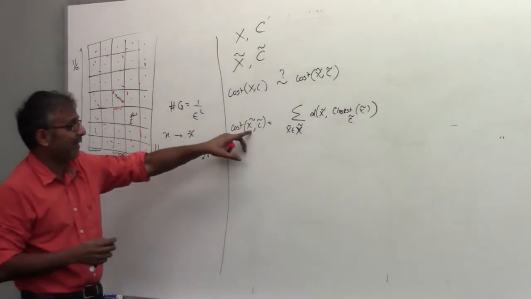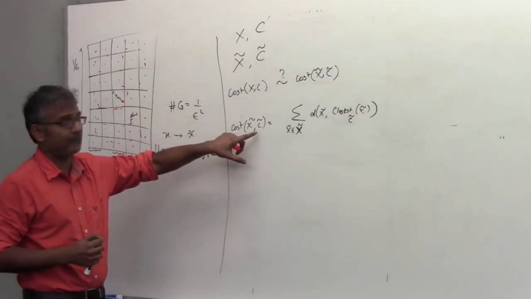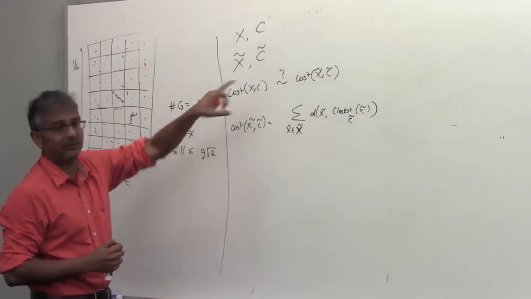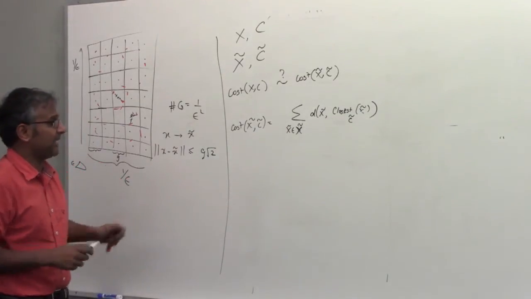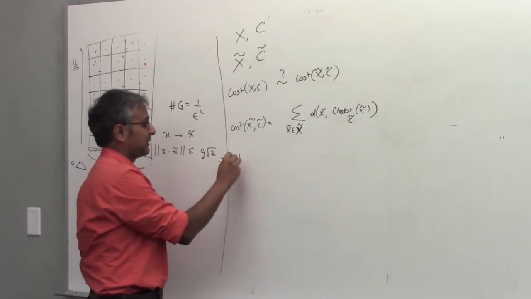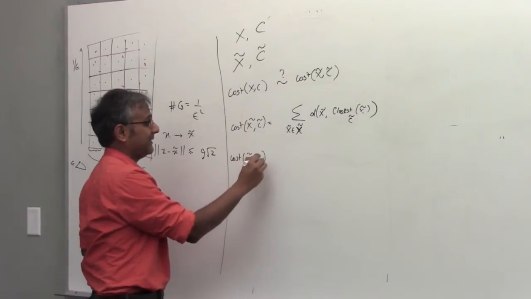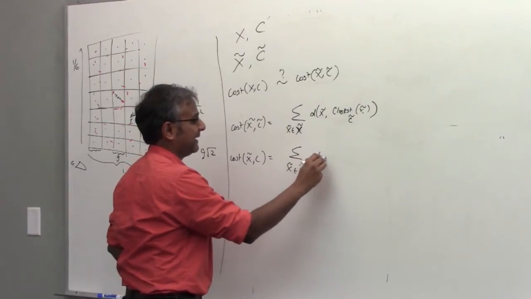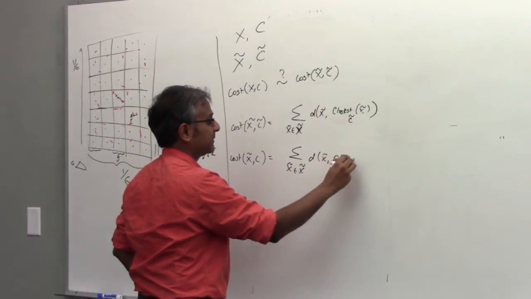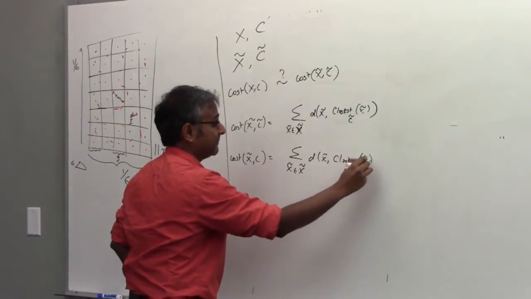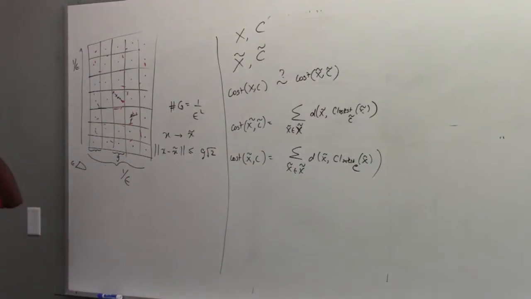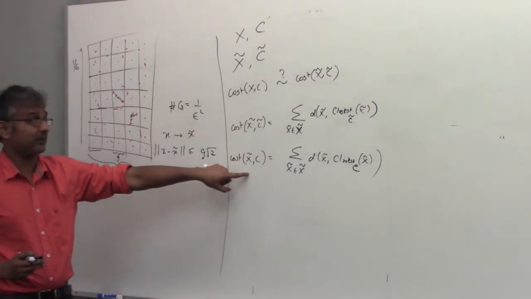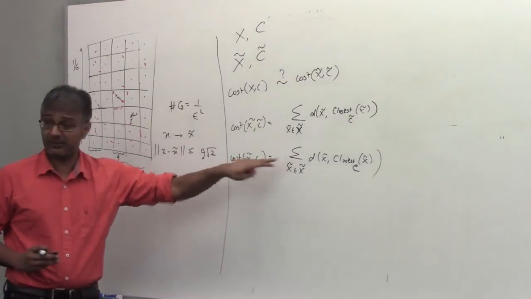In other words, x tilde was assigned to some cluster C tilde, but x tilde came from some x, and x was assigned to some cluster C. So in fact, you assign x tilde to that cluster C. Then you would do something like cost of x tilde comma C equal to the sum over x tilde of the distance from x tilde to the closest x tilde of C. Now we know that this was optimal for x. This was the optimal clustering we got for x.